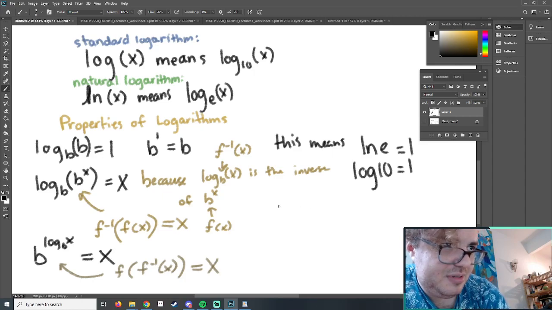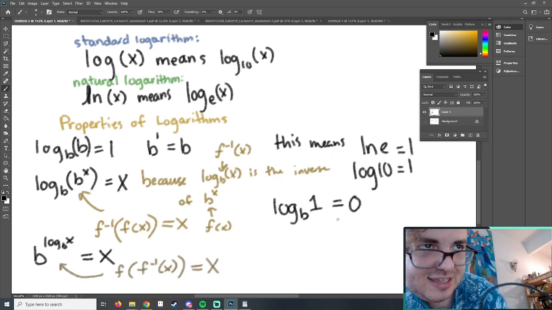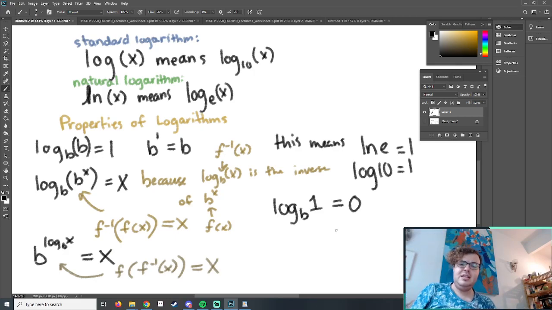Now, the last one here is log base b of 1. The power I raise any number to get 1 is always 0. Any logarithm, whether natural log, standard log, log base pi, log base 700, anything of 1, log base pi of 1 is 0, because the power I raise pi to get 1 is 0, right?